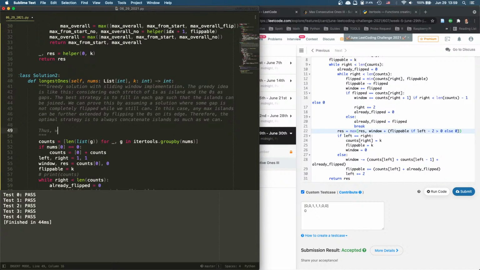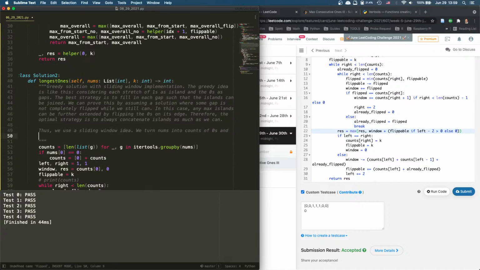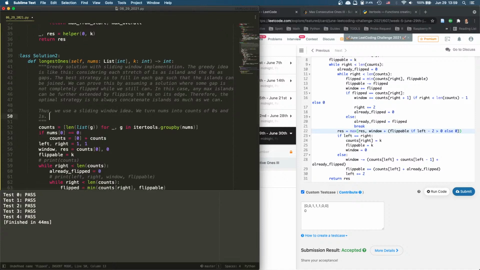Thus, we use a sliding window idea. We turn nums into counts of zeros and ones. We try to flip all the zeros going to the right as much as we can.